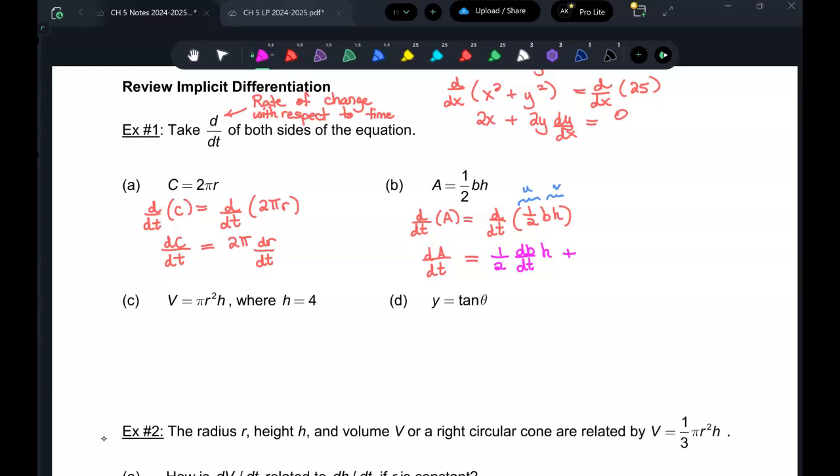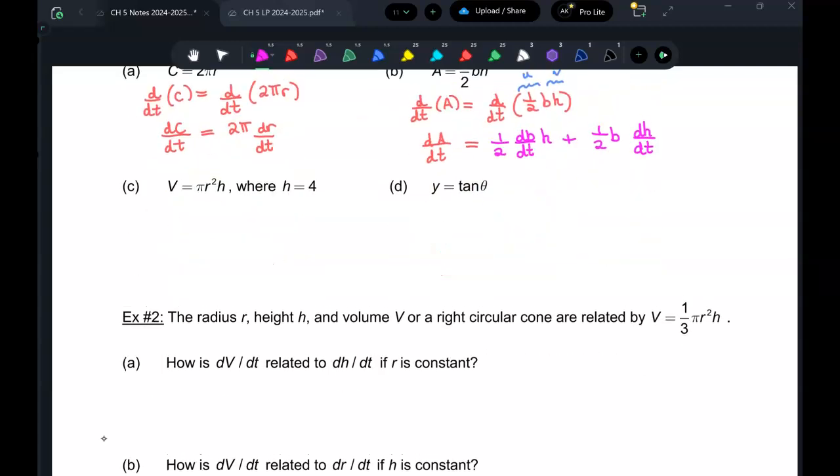So now we have u is 1/2 b times the derivative of h with respect to t, which is dh dt. That whole thing is our answer. It's a little ugly, but the goal in this lesson is we're going to be able to plug all those values back in and actually solve for one of those missing components.